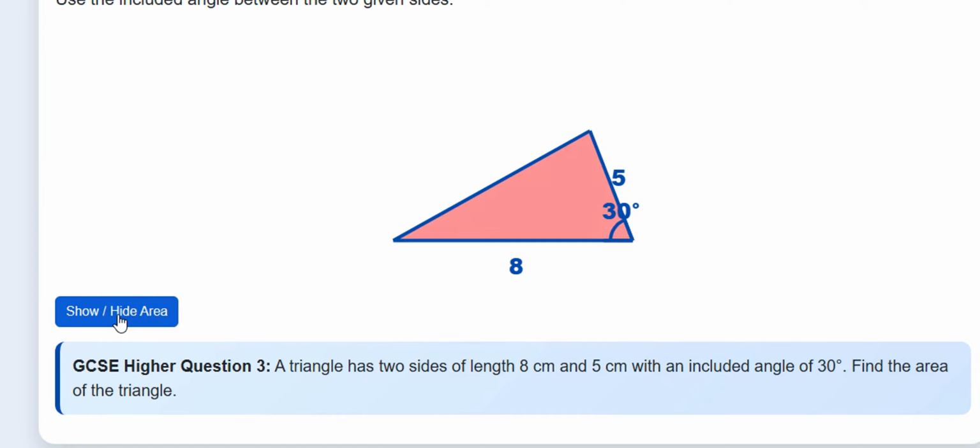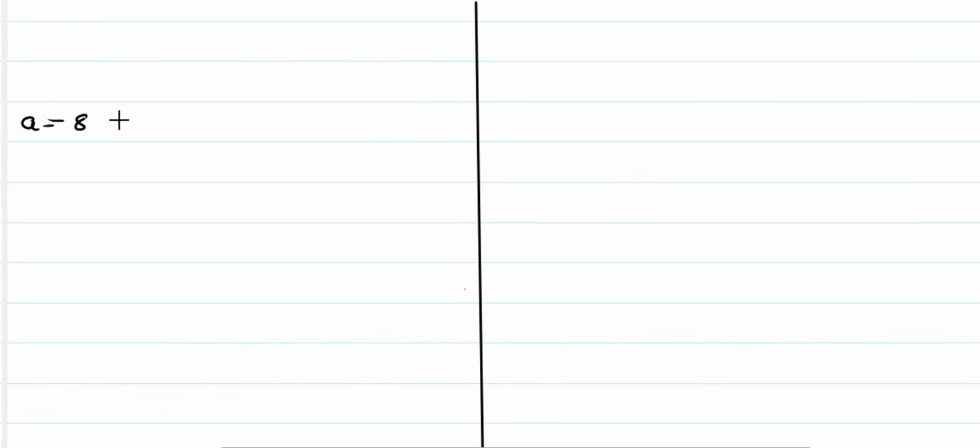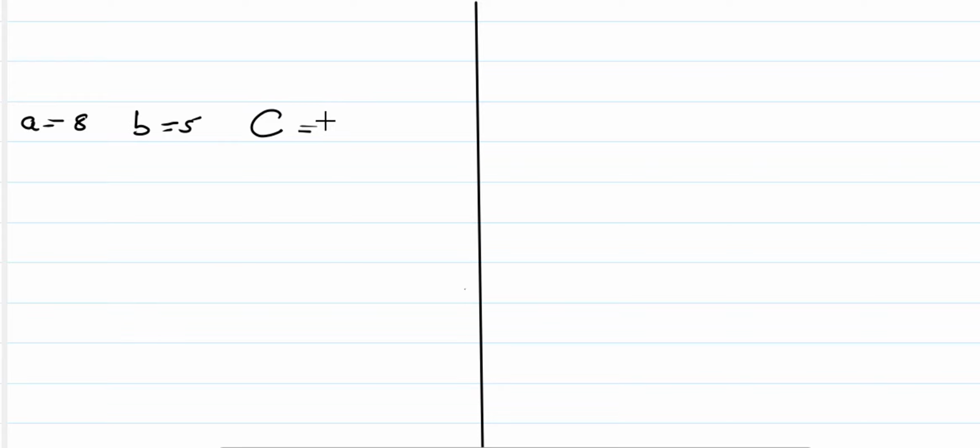And then you have A and B, where A is 8 and B is 5 centimeters. And C, which is the angle, is 30 degrees. Then area is given by half AB sine C.